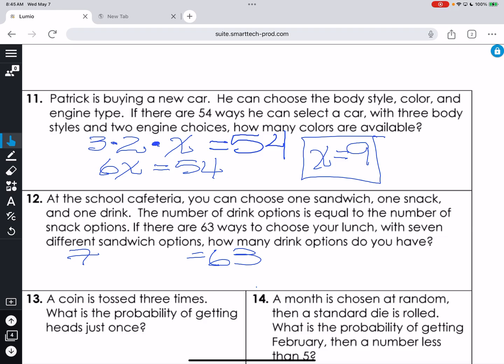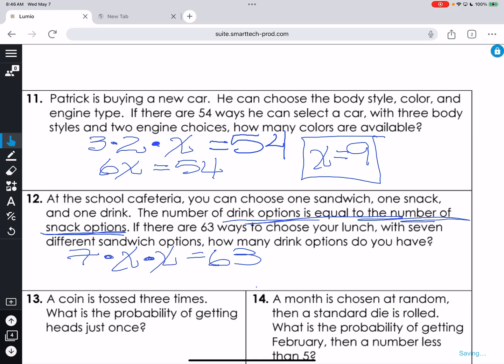All right, so to set that up, we know that the drink options equals the number of snack options. We aren't given what those are, so those are our variables. But they're the same, right? So times x.